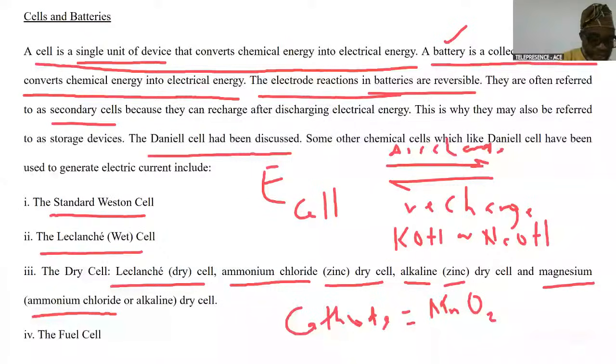You have the carbon plate, surrounded by powdered carbon and manganese oxide, just as we have in the Leclanché cell. Then you have the zinc can, which is the coating of the battery. The metal plate around the battery is the zinc, and what you see is the insulating cover.